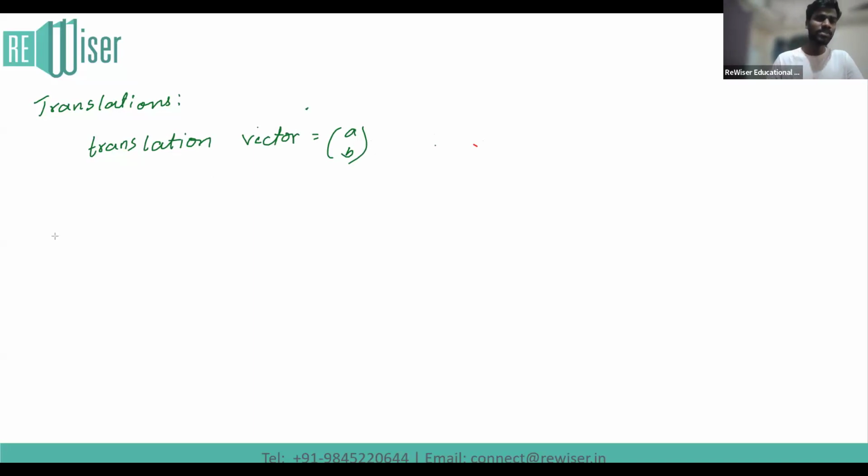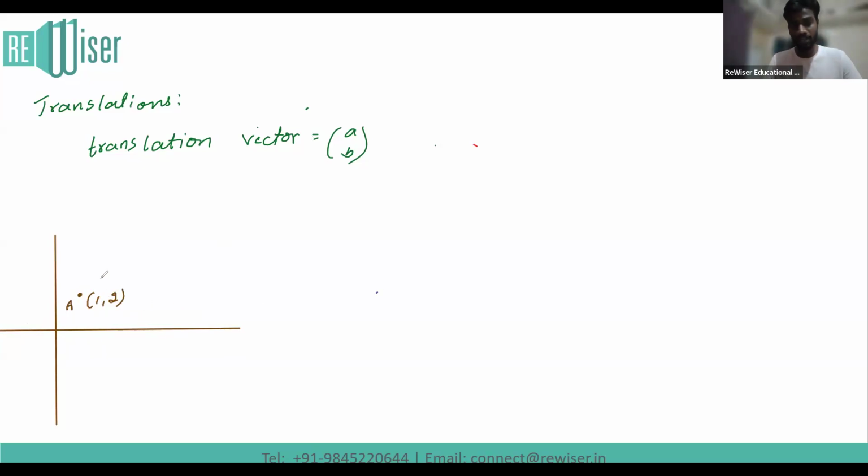Whenever we have a point, let's say a point at 1, comma 2, and assume this is point A, if I have to move this point 5 units to the right and 3 units up, then 5 units to the right means the x coordinate is 6, and 3 units up means the y coordinate would be 5. So this point is going to be 6, comma 5.